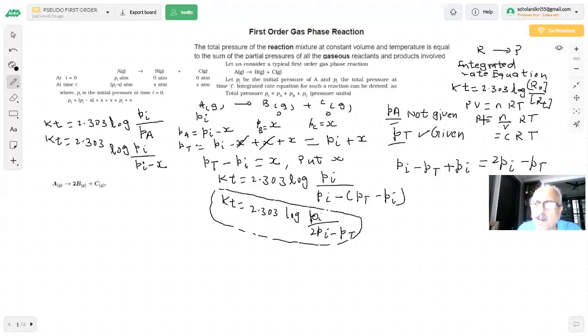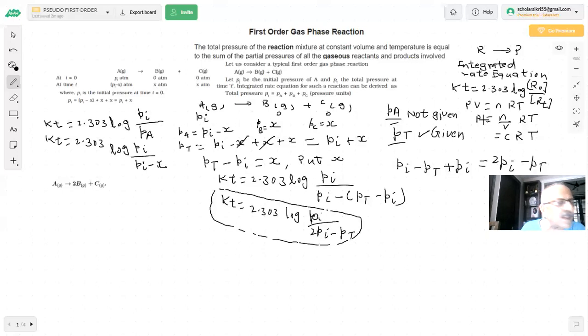It is a first order reaction. But here you can see what is happening. A is giving 2B plus C. Here it was B plus C. Or there could be some other cases.